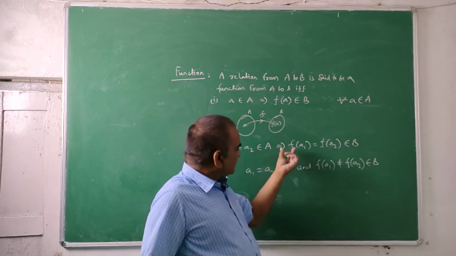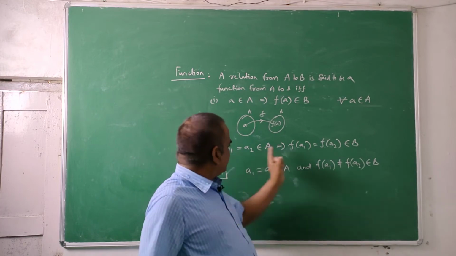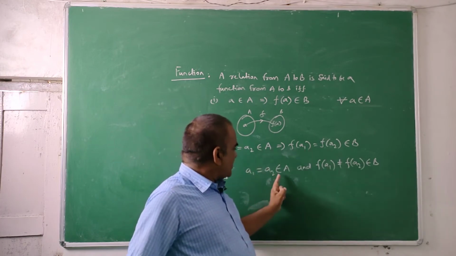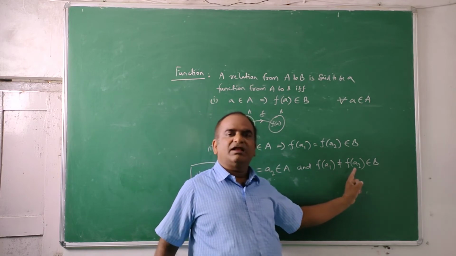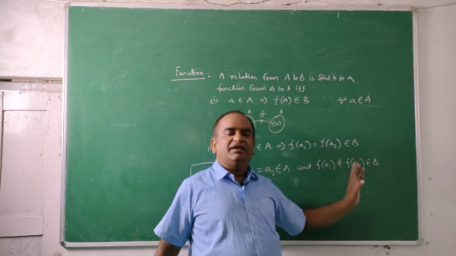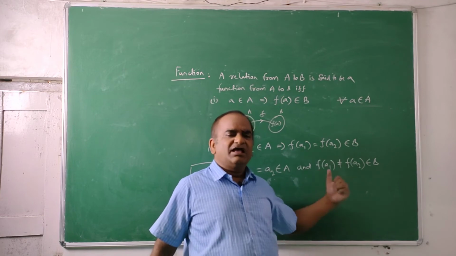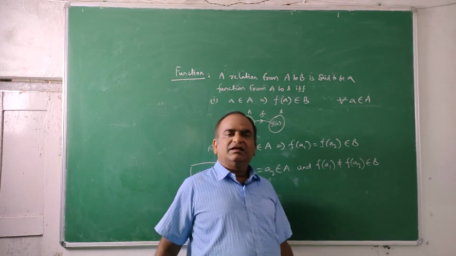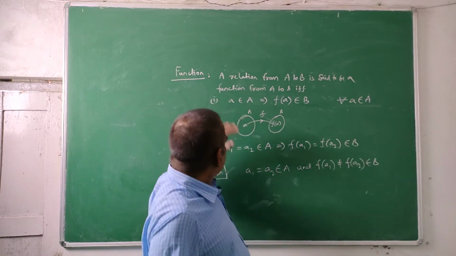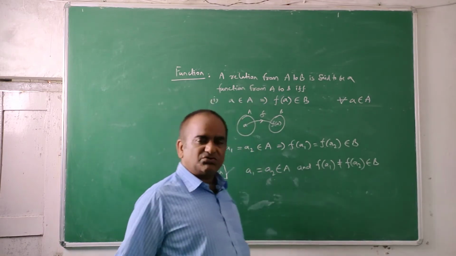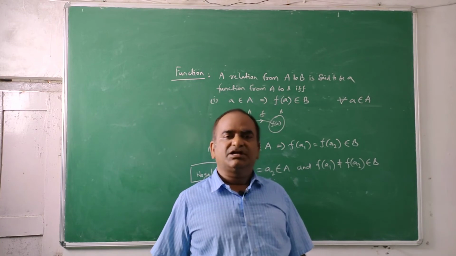The quite opposite statement of this second point is: A1 and A2 are equal in A, and f of A1 and f of A2 are unequal in B. Understood? If this happens, it cannot be a function. So these two conditions should be obeyed for a relation to be a function.